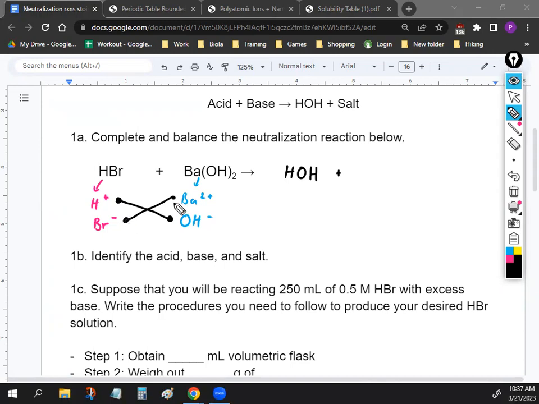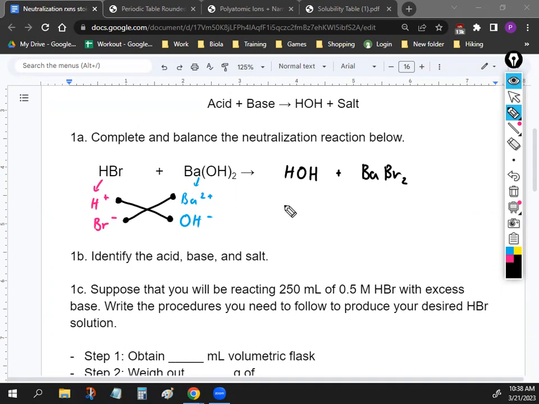Now, if you take a look at these two, are they balanced out, the positive and negative charges? No, they're not, because it's +2 and -1. So you have to have 2 Brs. You need 2 of these to balance out the Ba. Okay, so keep that in mind. I've been noticing on your labs, I started grading them, a lot of people are still having trouble with the positive and negative charges. So just make sure that you're aware that they do need to balance each other out, okay?